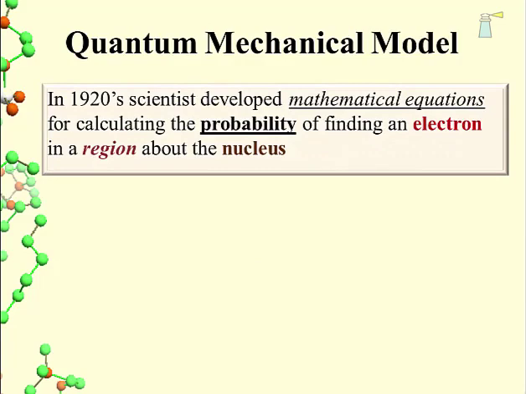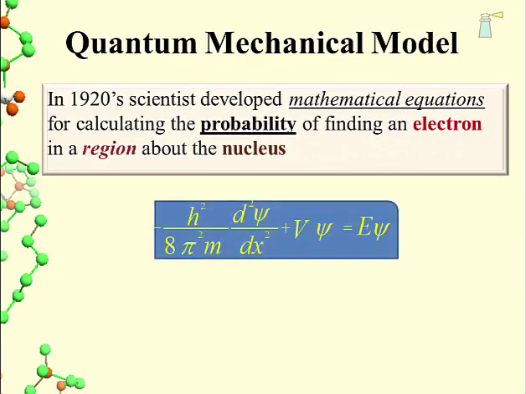It was worked out by scientists in the 1920s and consisted of mathematical equations for calculating the probability of finding an electron in a region about or around the nucleus. The equations were very complicated and well beyond the scope of this level of chemistry.